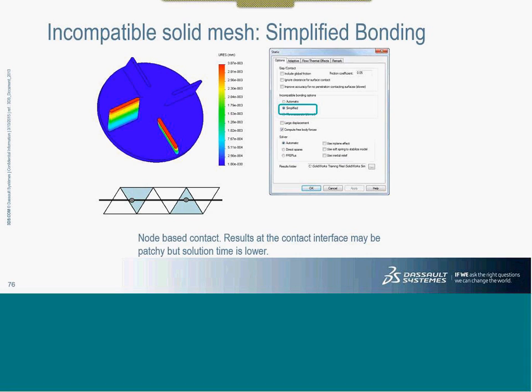It would connect a single node to the particular node of the element nearest to it. And obviously, you can imagine the solution time would be faster because there are fewer contact elements, fewer equations, but there was a bit of a chance of inaccuracy.